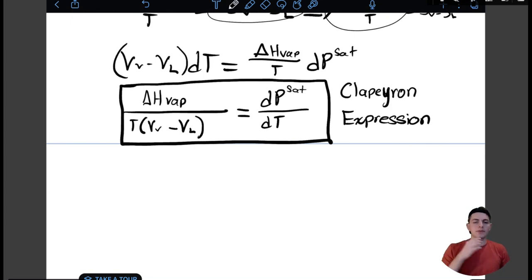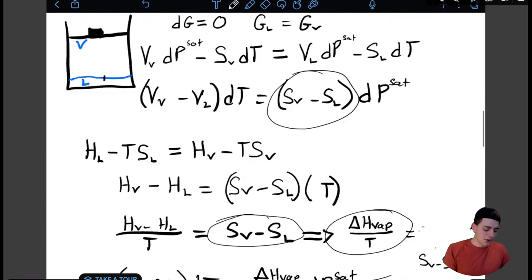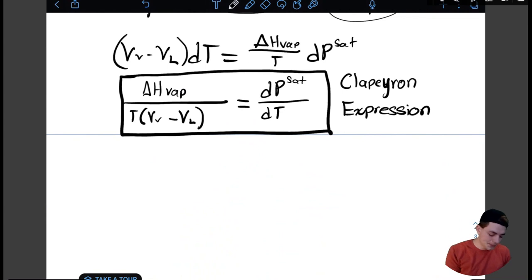To solve this differential equation, we must first go back and look at our diagram here. And from our diagram, we can make an assumption about the system. We can say that the volume of the vapor phase is going to be much greater than the volume of the liquid phase.